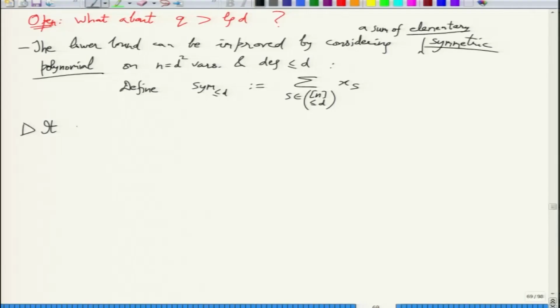So n to the d is kind of d raised to d, d raised to omega d by definition, and that can also be shown as a lower bound by the previous proof. So it's optimal.